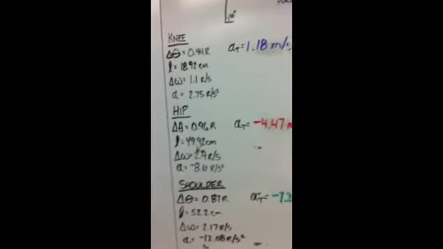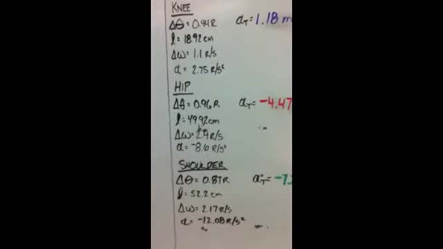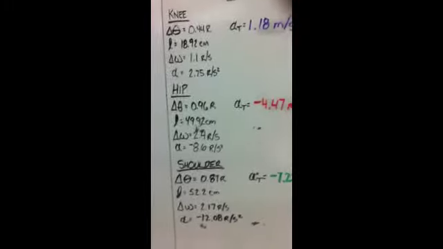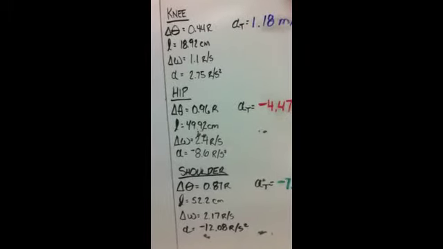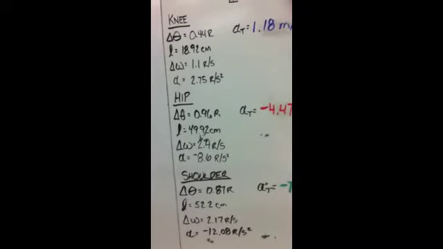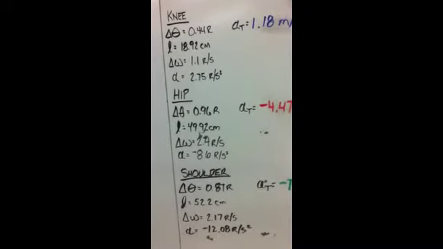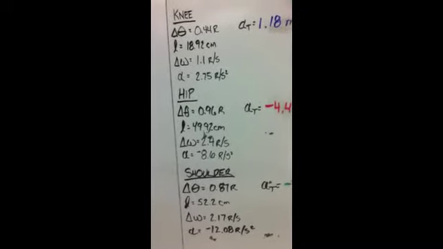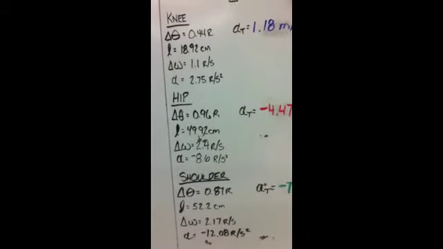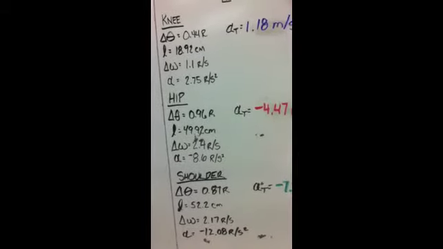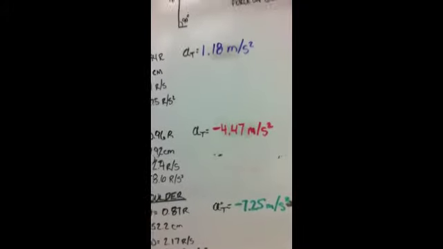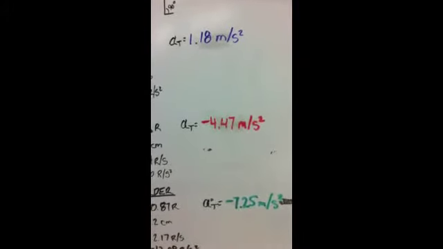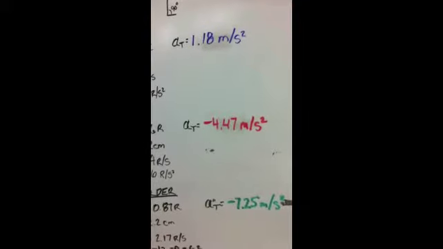The interesting part, and the part that translated as useful information to me, was here at the hips. At the hips, I had an angular displacement of 0.96 radians, angular velocity of 2.4 radians per second, angular acceleration of negative 8.6 radians per second squared, which translates to a tangential acceleration of negative 4.47 meters per second squared.